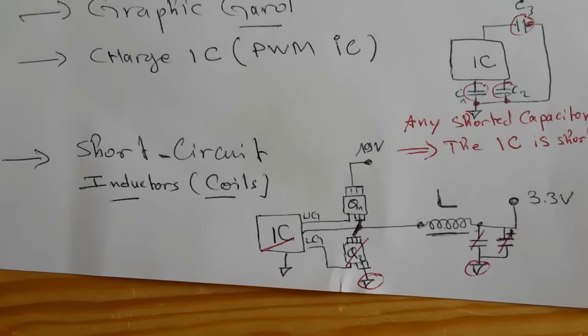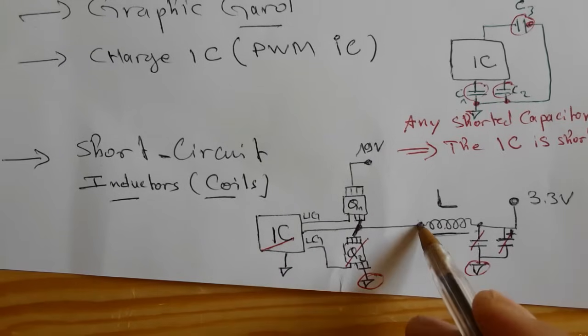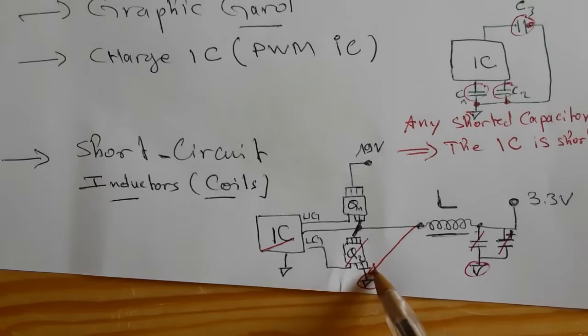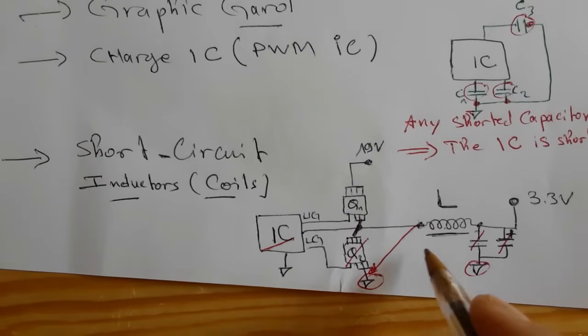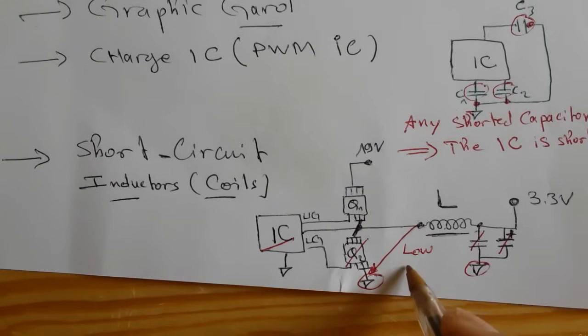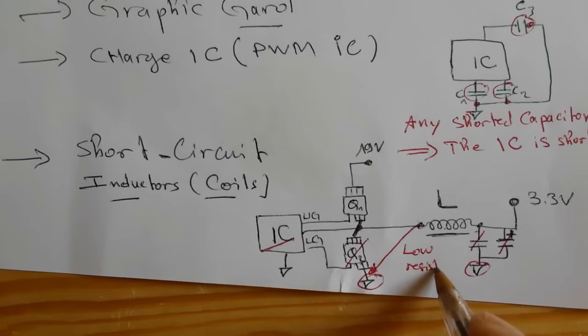So if the coil is shorted to the ground, it means there is a problem in the IC, MOSFETs, or capacitors. That's why, if you want to determine a short circuit in the motherboard, you should check all inductors. All inductors should never give a low resistance or a continuity to the ground.